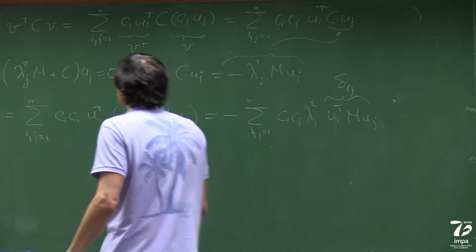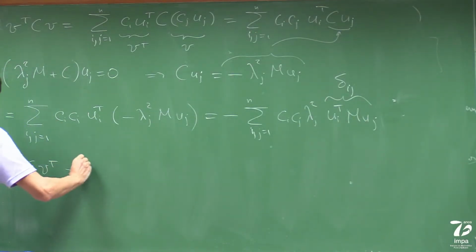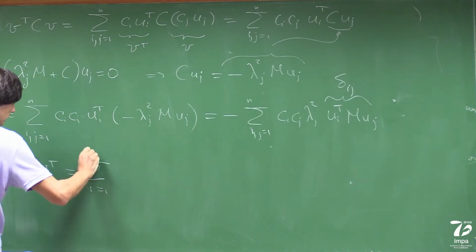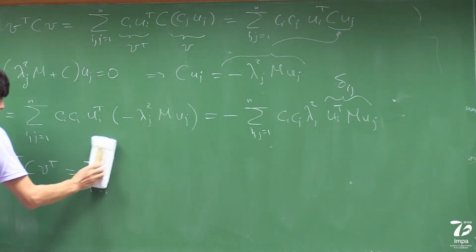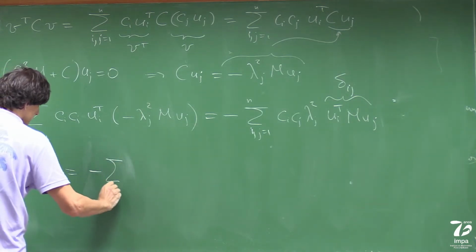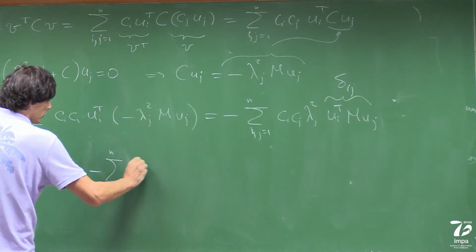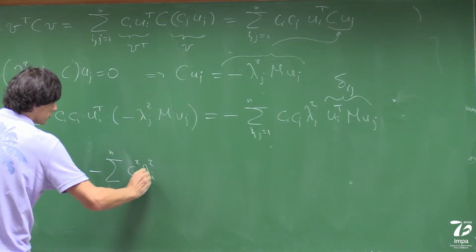So what we found is that v^T C v is a sum with a minus ci squared lambda i squared.